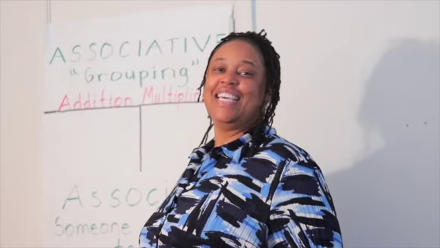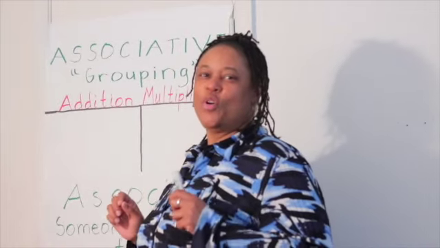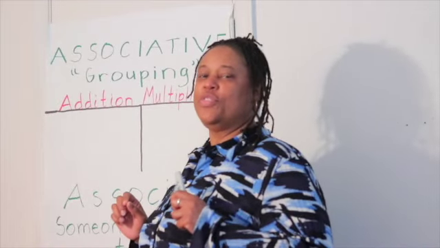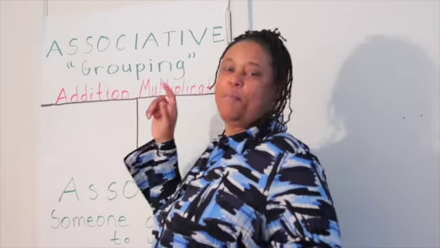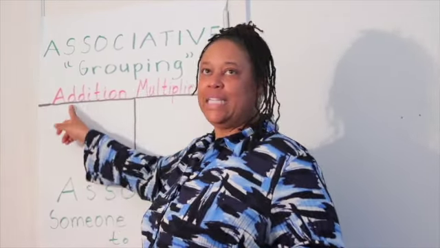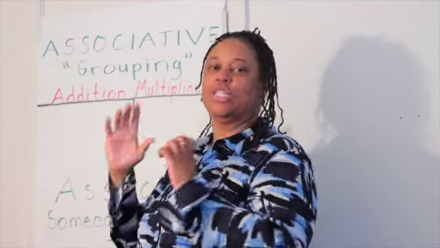I'll figure it out. The next property we will discuss is the associative property. The word I want you to think of when you think about the associative property is grouping, because that's what you do with addition and multiplication in order to associate numbers.